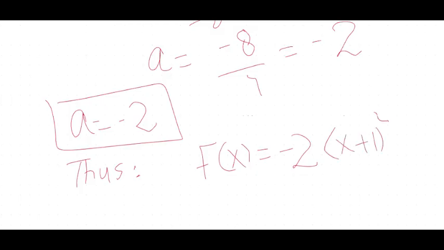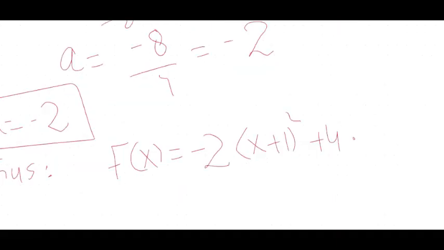So this is the equation. All right, so I'm going to simplify this equation. We have minus 2 into x squared plus 1 plus 2x plus 4.